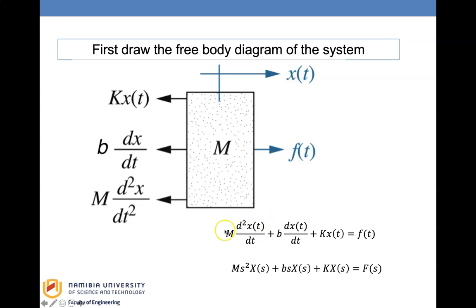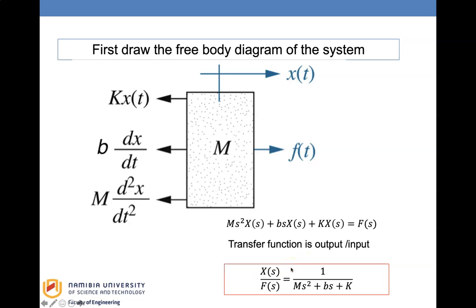In that case, this will be Laplace transformed to ms²X(s), this to bsX(s), and this to kX(s). So this is equal to F(s). You can see again that when we Laplace transform, the small letters become big letters, and that's the convention when we do the Laplace transform.